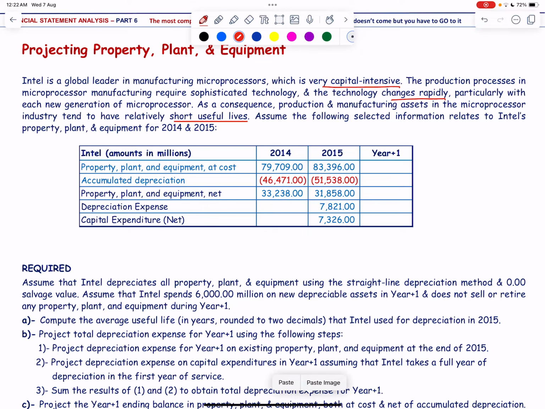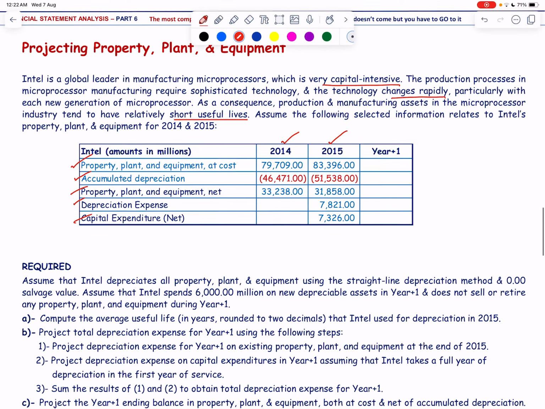Assume the following selected information relates to Intel's property, plant, and equipment for 2014 and 15. And we have the property, plant, and equipment. From this, we subtract the accumulated depreciation. We get the property, plant, and equipment net. We have the depreciation expense, and there is a capital expenditure of 7326.